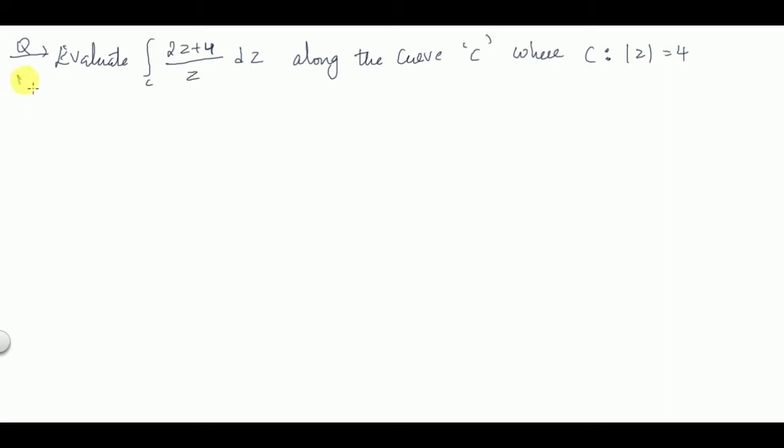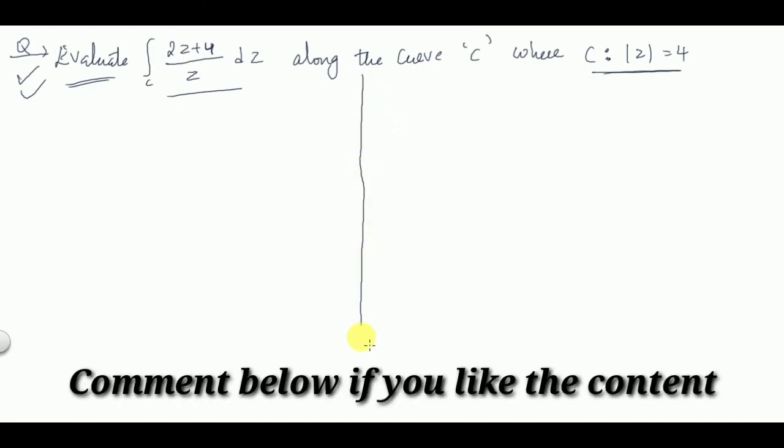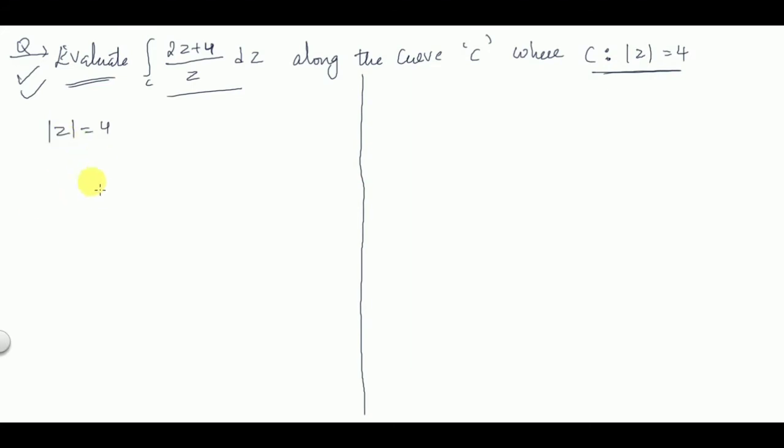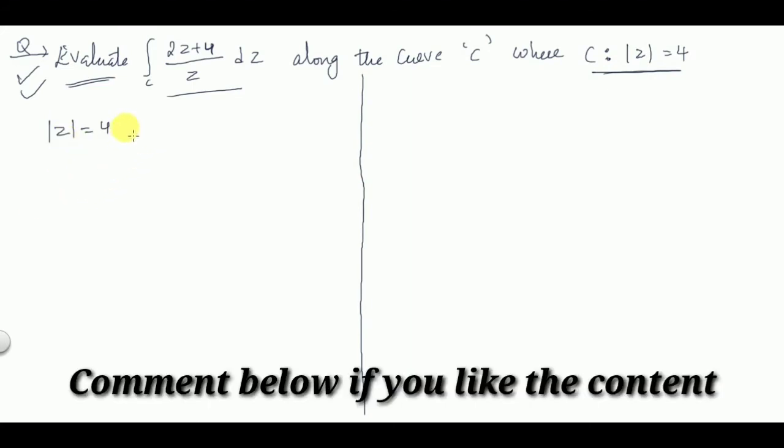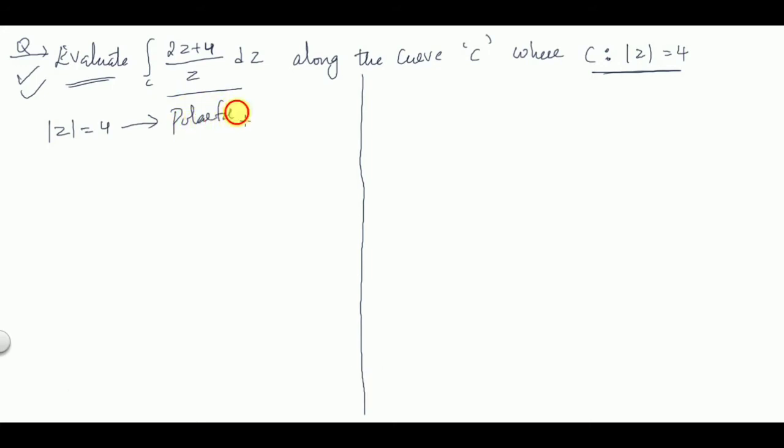And next we'll see one more problem on this. He has given, evaluate this function along the curve C, mod z is equal to 4. When you are given a curve like this, mod z is equal to 4, you can solve it using polar form easily.